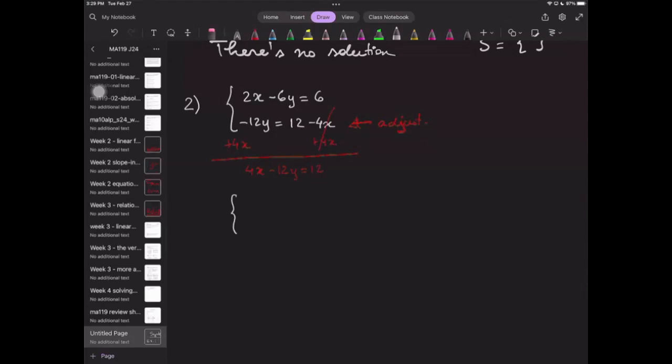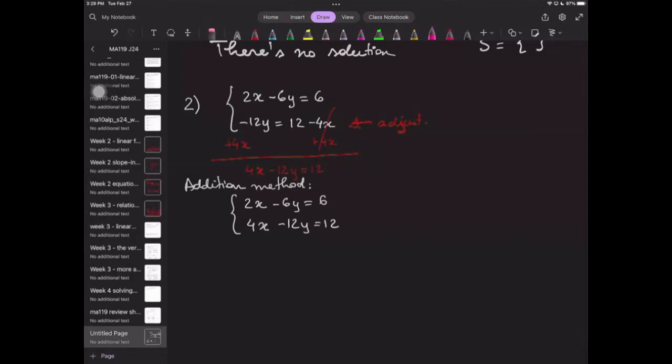So now my system is 2x minus 6y equals 6, and my second equation in the other form is 4x minus 12y equals 12. I want to do the addition method. In order to cancel either x or y, I have to modify at least one of my equations.